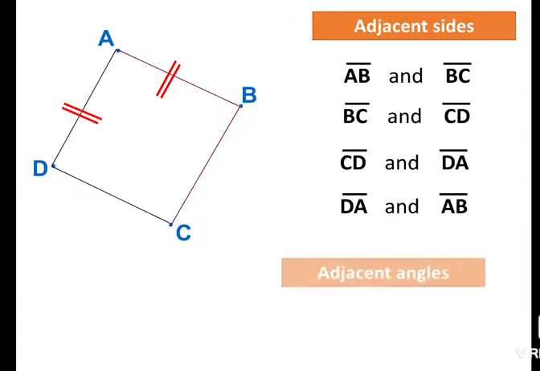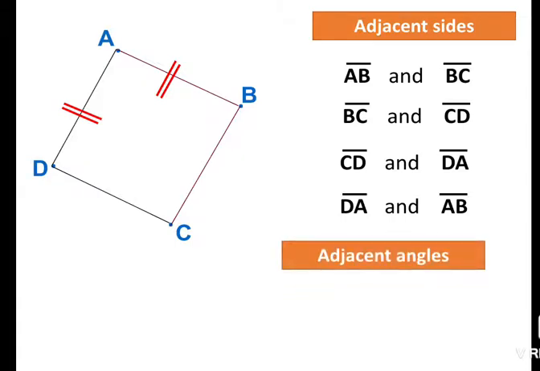Next we can see adjacent angles. Adjacent angles are also nearest angles. When we consider line segment AB, angle A and angle B are adjacent because angle A and angle B are on the same line segment.